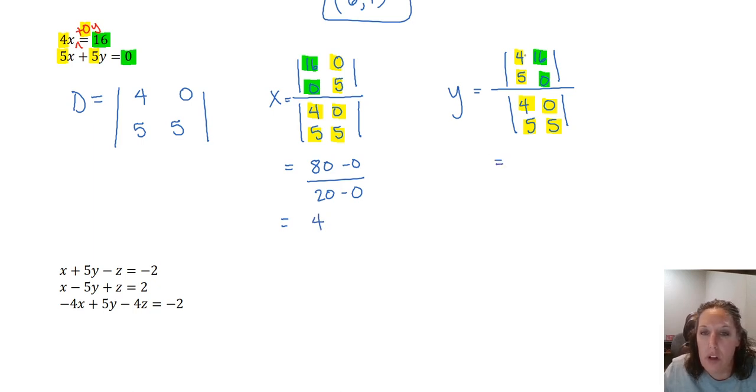And then for our y value, 4 times 0 is 0, minus 5 times 16. So we get 0 minus 80. And then we still get the 20 that we got in the denominator the first time. And so here we get a negative 4.